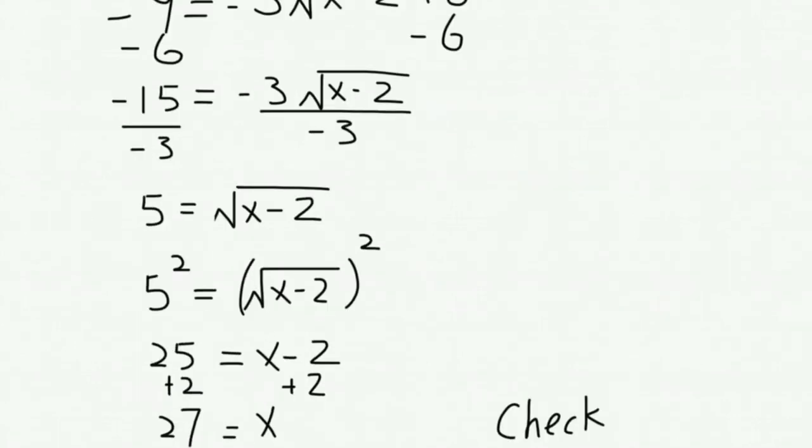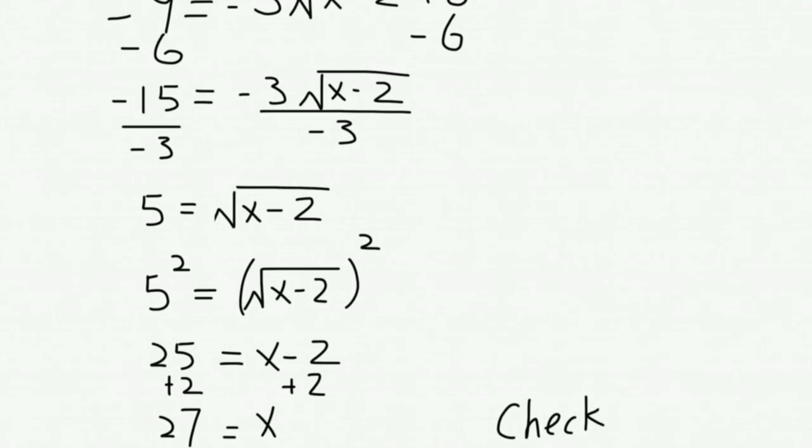Question 21. -9 equals -3 times square root of x minus 2 plus 6. So, by subtracting 6 from both sides, I have -15 equals -3 times square root of x minus 2. Divide both sides by -3. 5 equals square root of x minus 2.